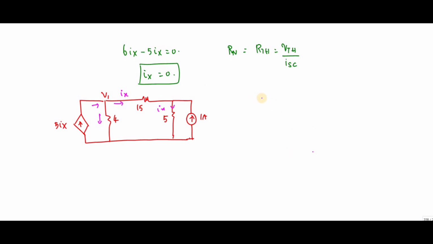Now this becomes VB. So V1 minus VB divided by 15 plus V1 by 4 is equal to 5ix. This is my first equation. What is VB?